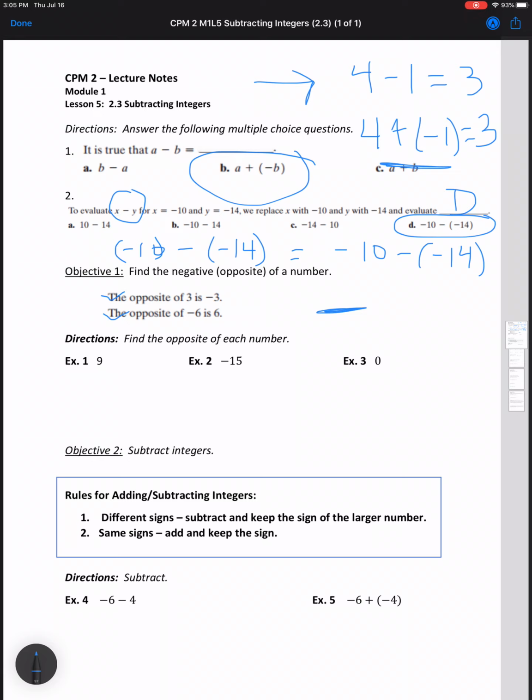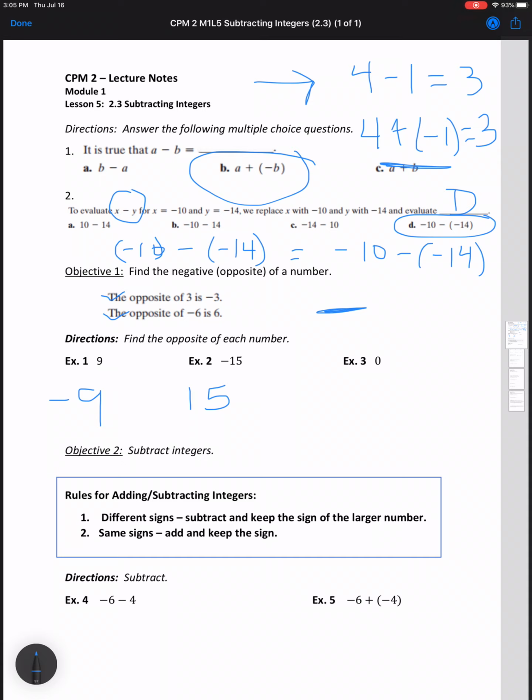So like example number 1, if they want me to find the opposite of 9, what that means is I just put this symbol in front of whatever digit they give me. And yeah, 9 and negative 9 are opposites. So as I look at example 2, the opposite of negative 15, we understand that it does mean to just change the sign.